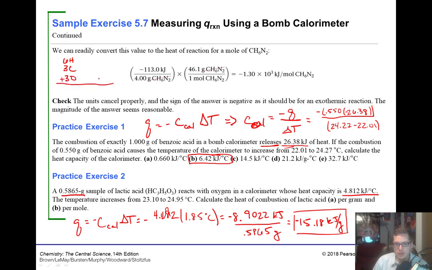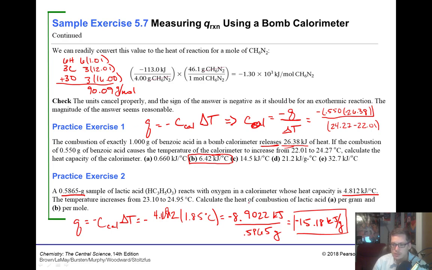So 6 times 1.01 plus 3 times 12.01 plus 3 times 16.00 gives 90.09. So that's the molar mass of lactic acid.